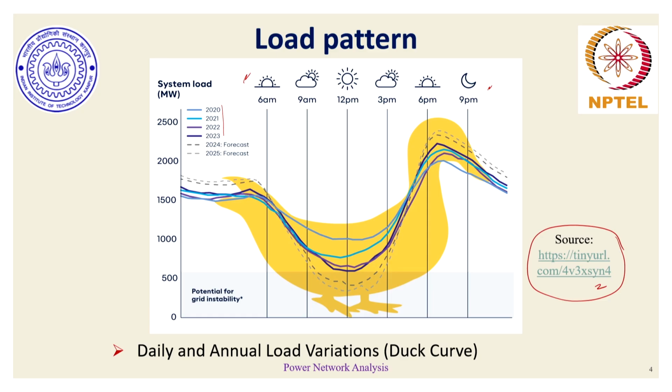Typical human beings tend to get up at 6 a.m., get ready for their day, for their work or school or office or college, go out and do their daily course. When people are at their offices, the corresponding domestic loads tend to consume less: less washing machine, less heating, less lighting load is needed because it's 12 noon.